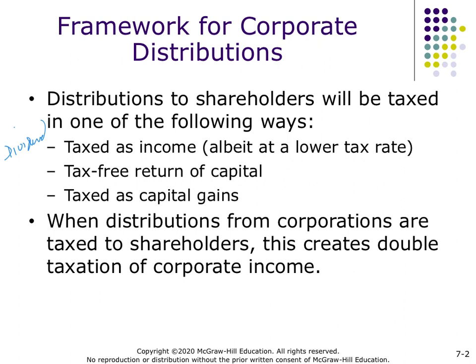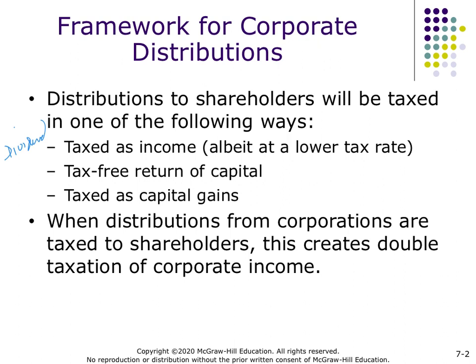We know that when corporations distribute income to shareholders, lots of times this creates double taxation, okay? There are types of income that are distributed that do not create double taxation, right? Things that are deductible: salary, loans, property, those kinds of things.